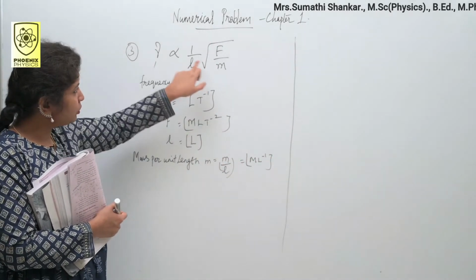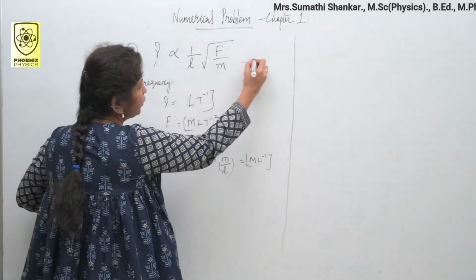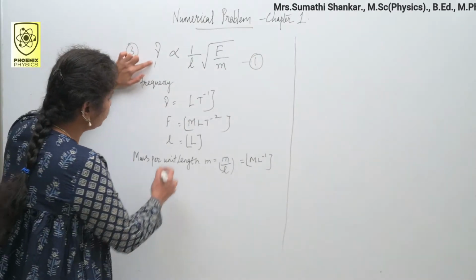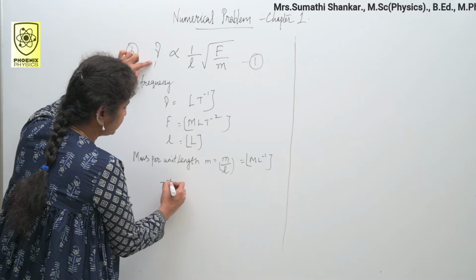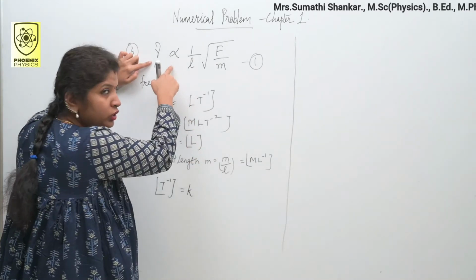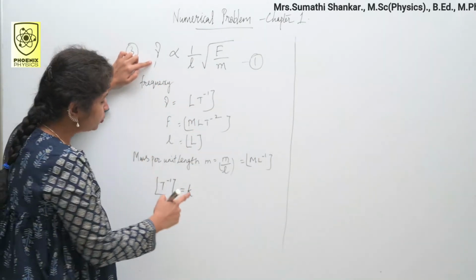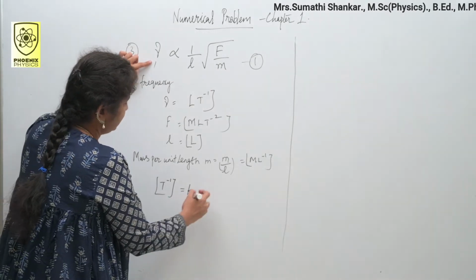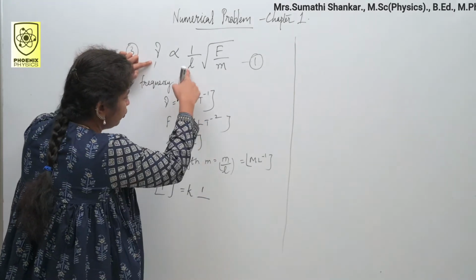Substitute all the dimensional formula in equation 1. Here what is nu? Nu is T power minus 1. To remove the proportionality symbol, I am introducing the constant K. 1 by L. What is L?